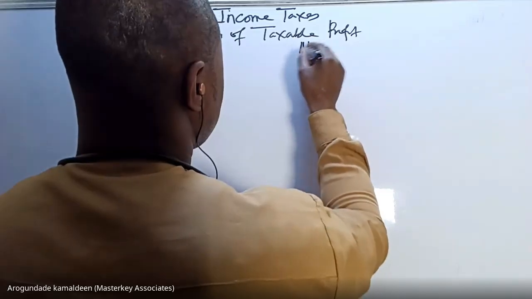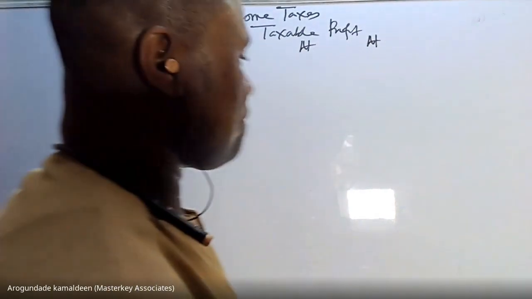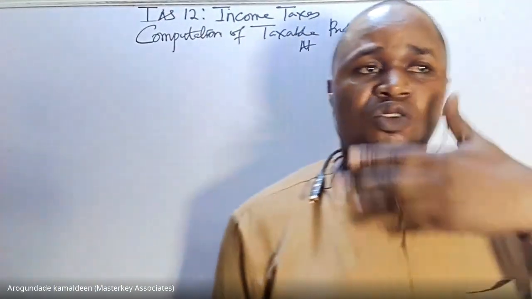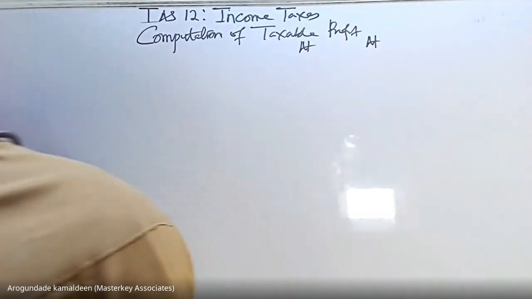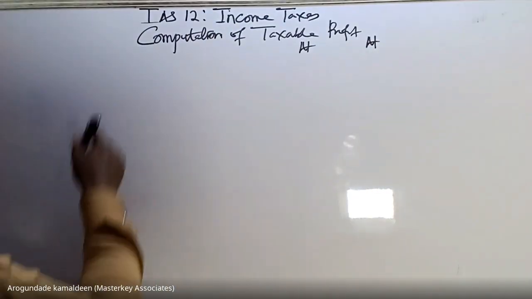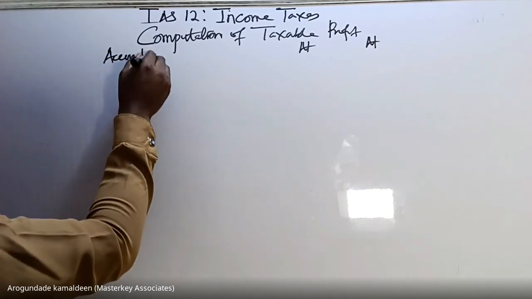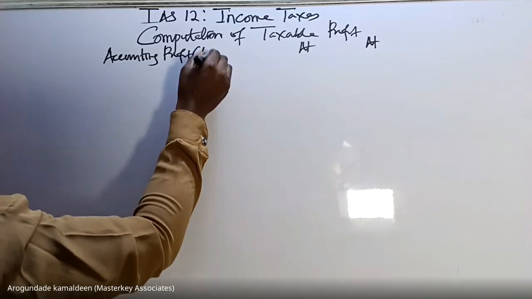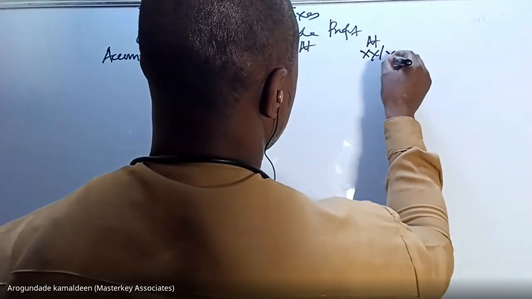Remember, it is the adjusted accounting profit. So you look at the question, what do I have there as my accounting profit, or loss? It is profit here, it is loss in jacket.